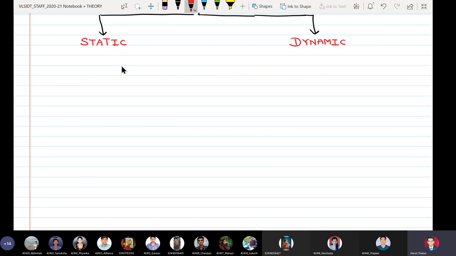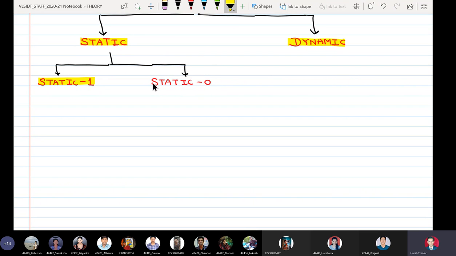Static hazard in turn is of two types: static 1 hazard, and similarly we have a static 0 hazard. First we'll define static 0 and static 1 in a very simple way, and then we will draw the waveform so it will become very clear.